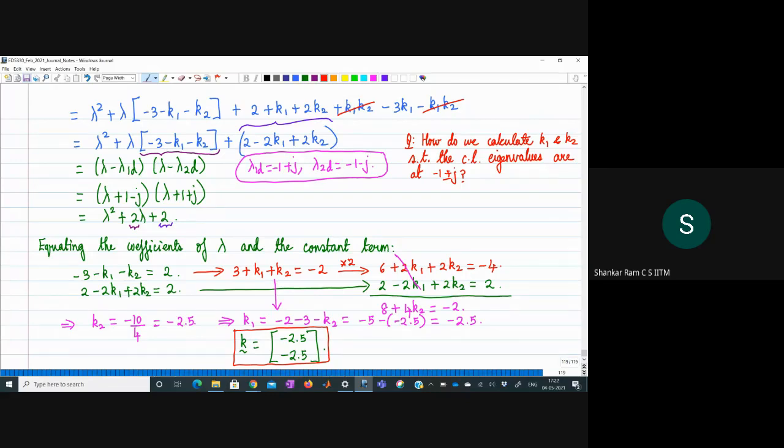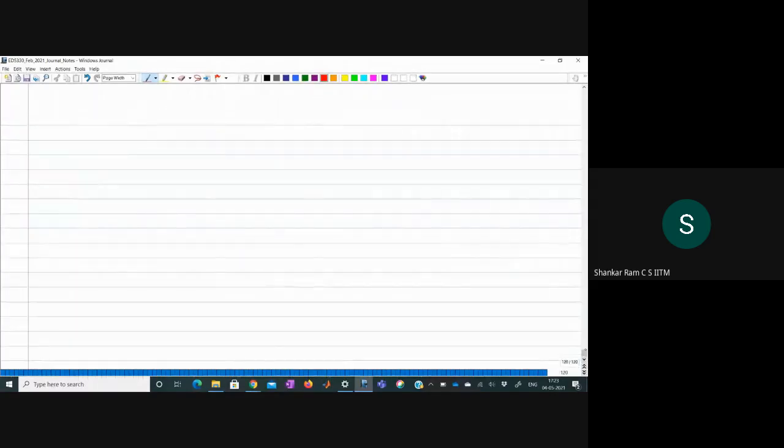Right. So what have we done? We have taken the system under study. We have looked at the equilibrium state. We have looked at the stability of the equilibrium state. Then we checked its complete controllability. Then we designed a closed-loop control system such that the eigenvalues are placed at -1 plus or minus j, and we got a unique value for K1 and K2.